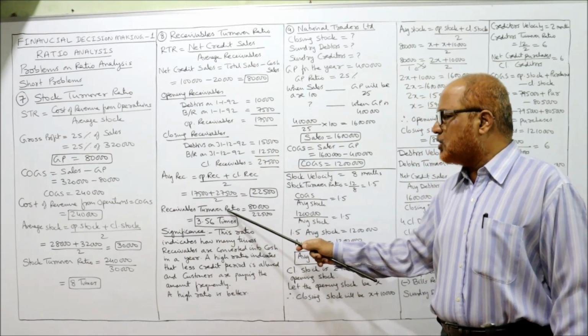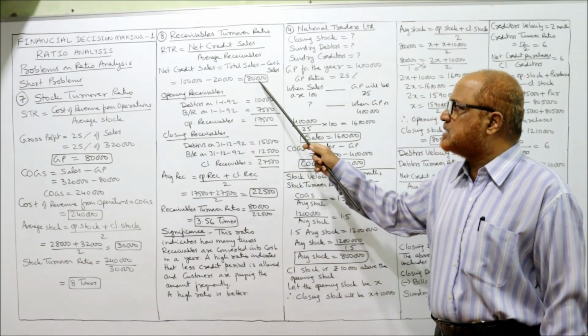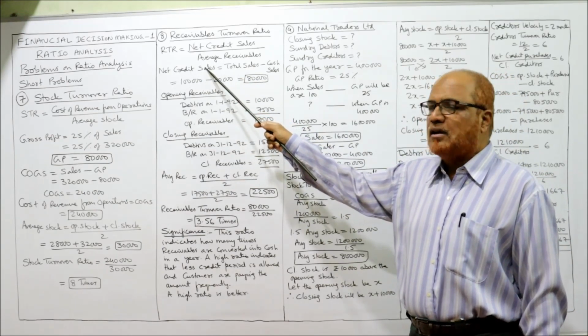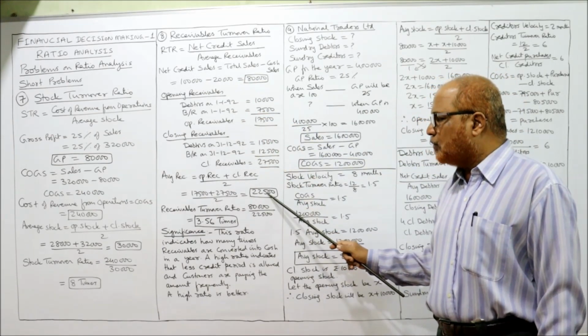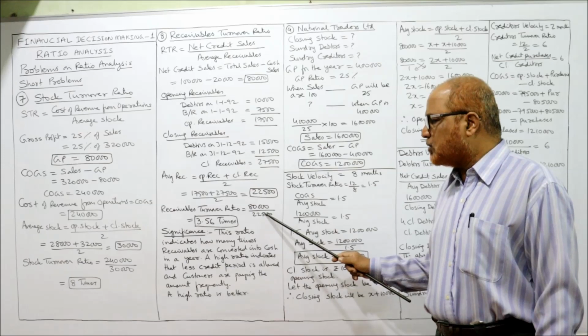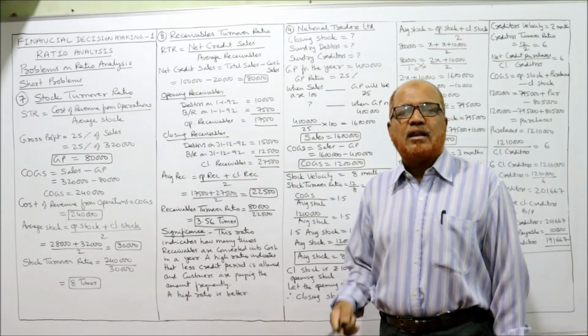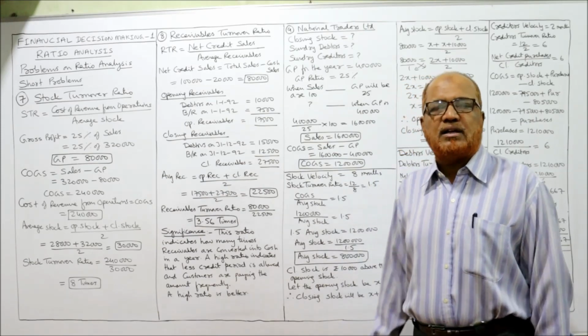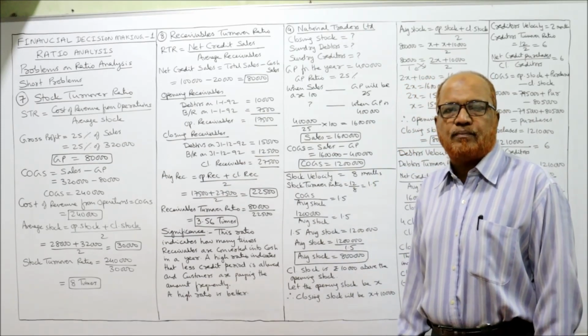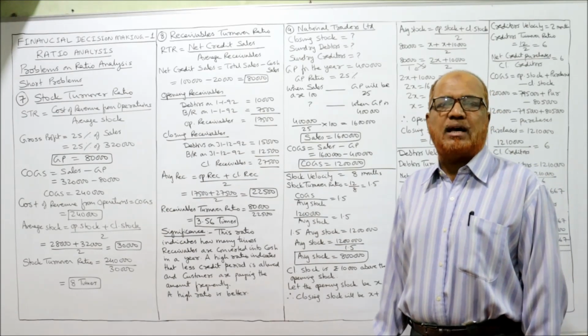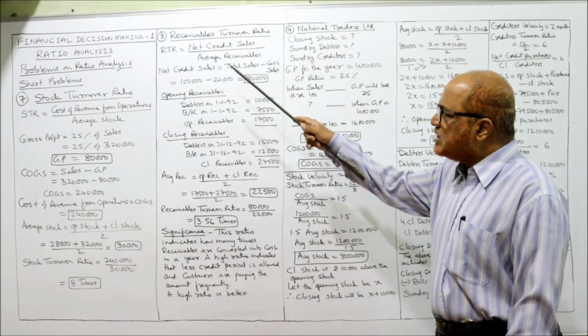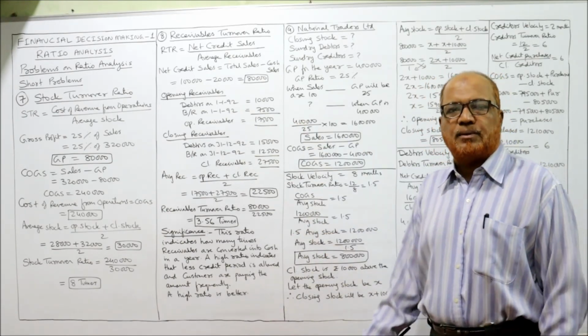So receivables turnover ratio is equal to 80,000, net credit sales, divided by average receivables 22,500. So 80,000 divided by 22,500, 3.56 times. That means receivables are converted into cash 3.56 times a year. Now, what is the significance of this ratio, it is asking.